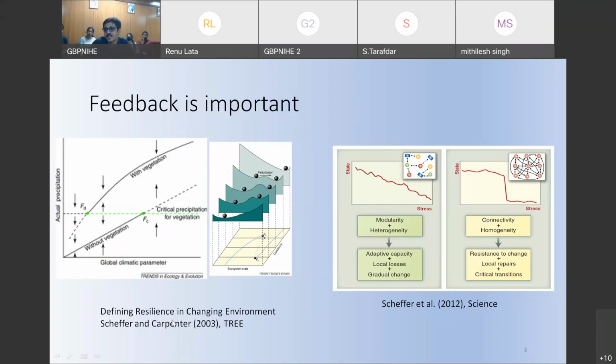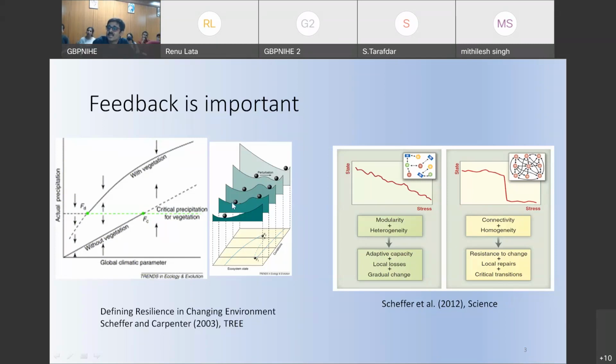So now if we consider both of these things, it is very similar to something like this, which is again by Scheffer and Carpenter in Trends in Ecology and Evolution. What is being mentioned is that initially, if it is in this kind of stage where there is a perturbation, it's getting changed, it can go here and again come back, so it's not a threshold. Now if the system gets too much changed or the stress is very much increased, then if it goes here, of course it can come back, but that needs a lot of effort.